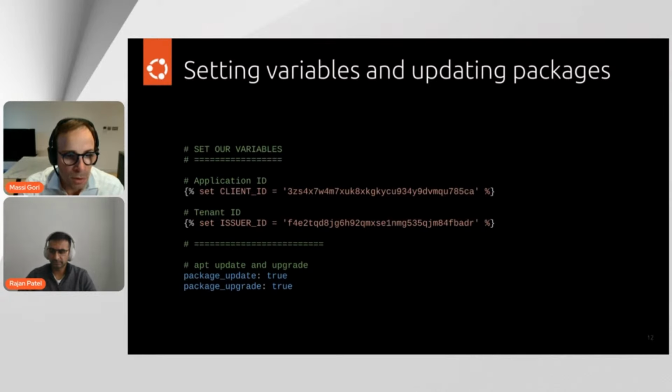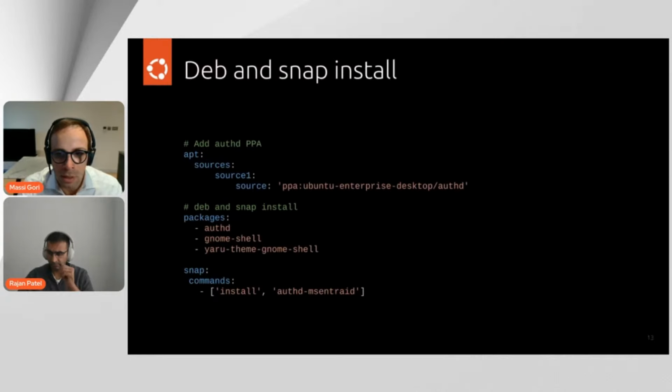Moving on to the second section of the cloud-init installation, what we are doing here is adding the PPA and then installing the 3 required deb packages. In the case of server, you will only install authd, but again, since we are also interested in the GDM login part, we're also adding the GNOME shell and the Yaru team part, and then finally installing the snap.